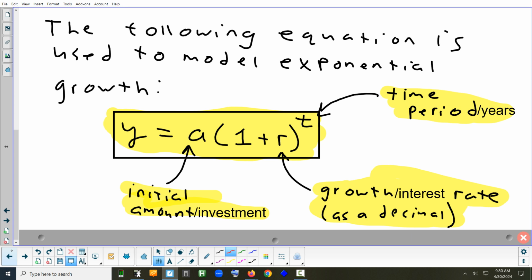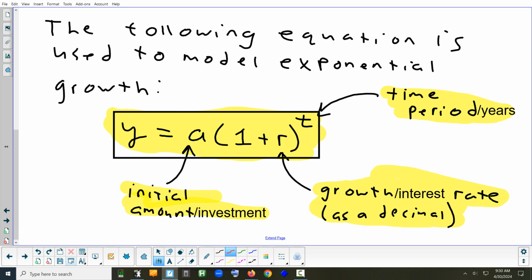So there's 3 letters in the problem. A is always what we call the initial amount. Like in the butterfly problem, it was 5. So A is always what you're starting at. It doesn't necessarily have to be a number of butterflies.